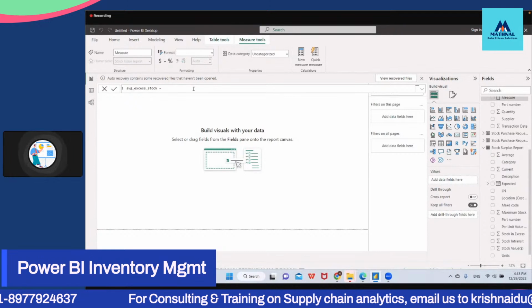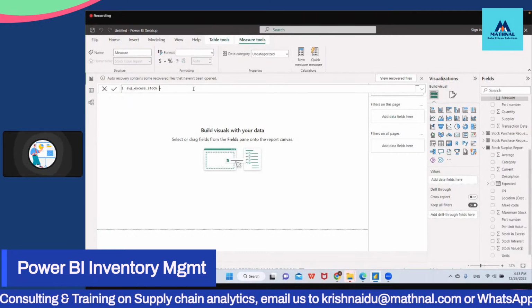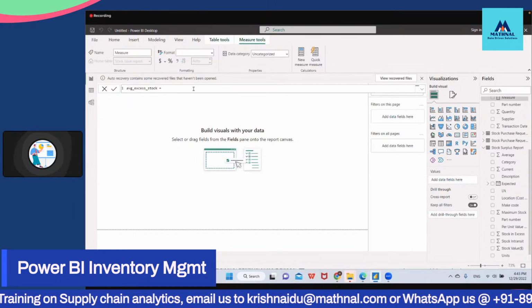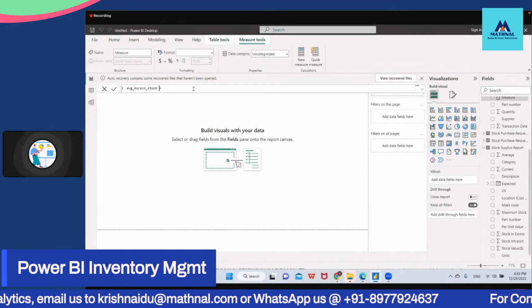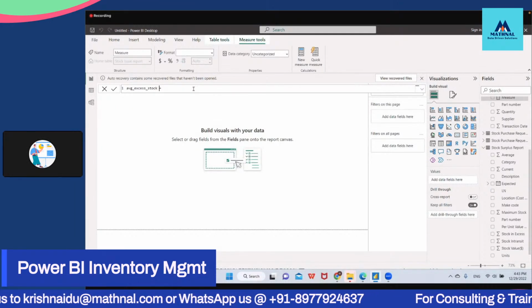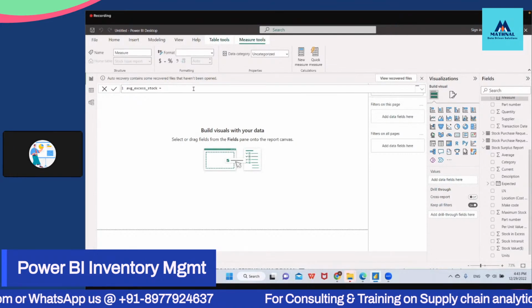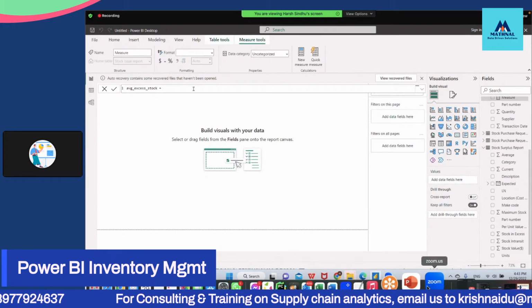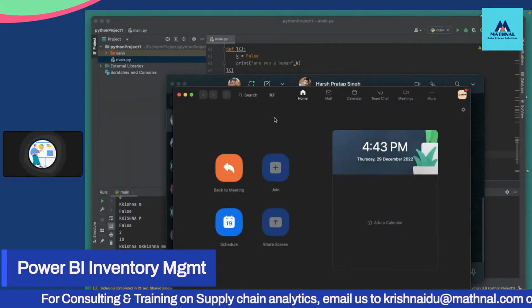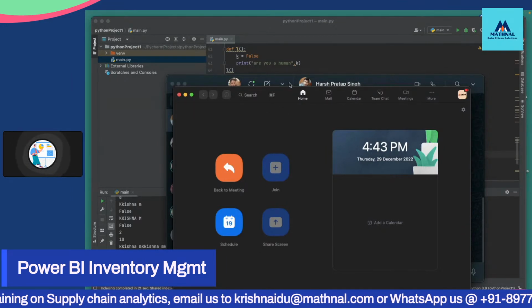No, I'm not talking about the x and y axis. I'm talking about the filter context and the row context here.